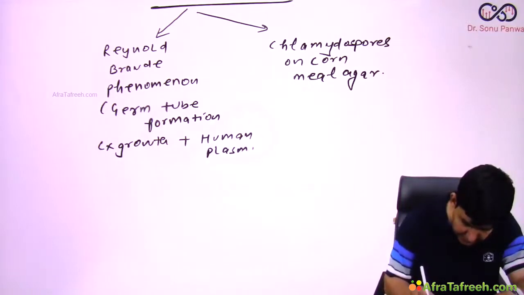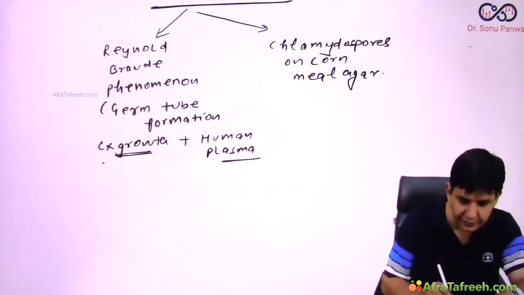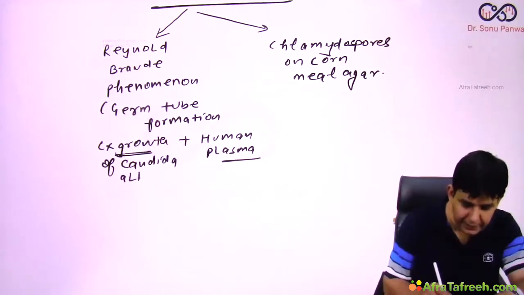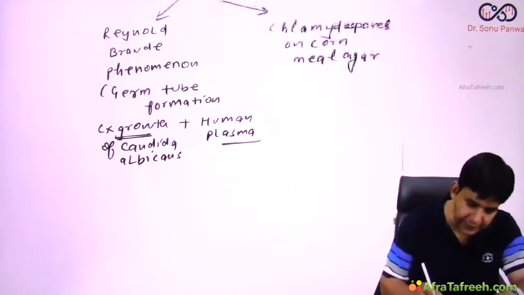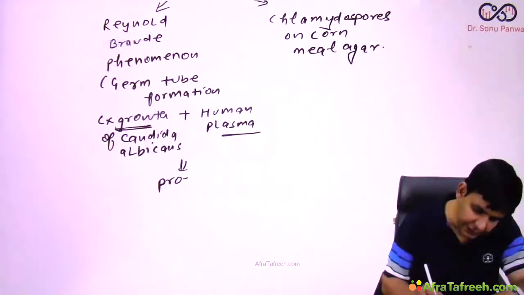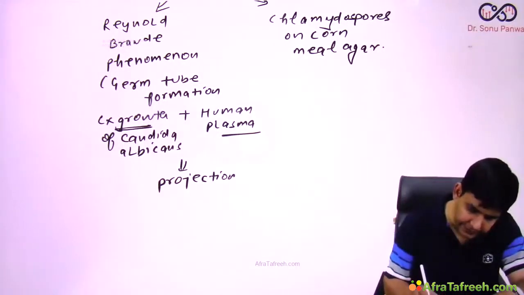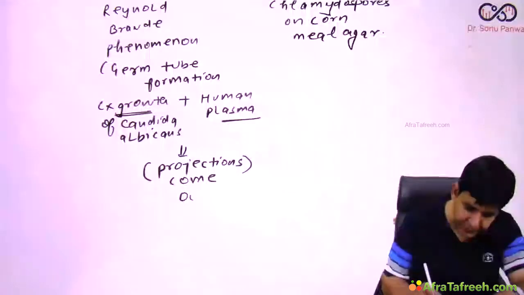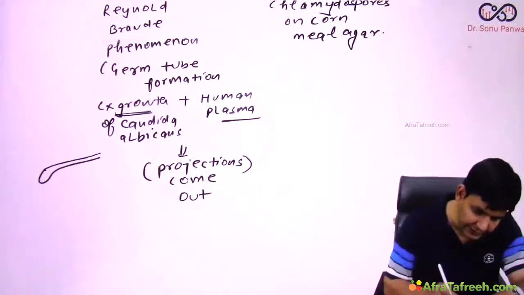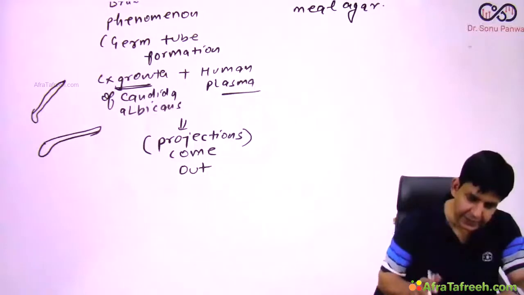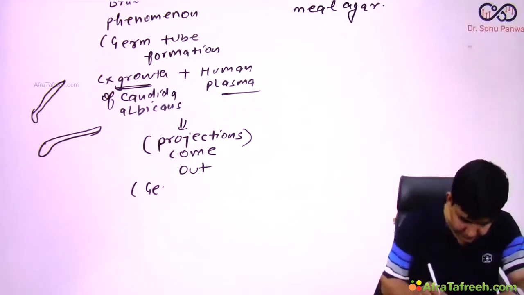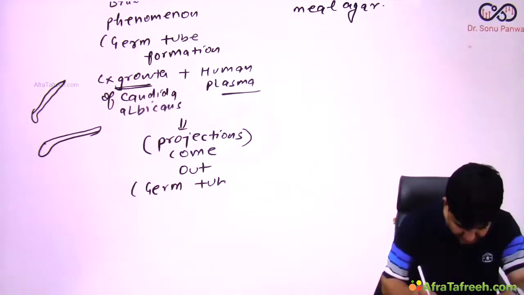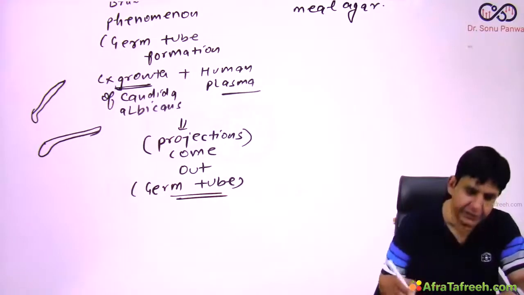Okay, when you put it into human plasma, the culture growth of Candida albicans, you can see certain projections coming out, and those projections look like this. That is what is termed as germ tube. So this particular phenomena is termed as germ tube formation.